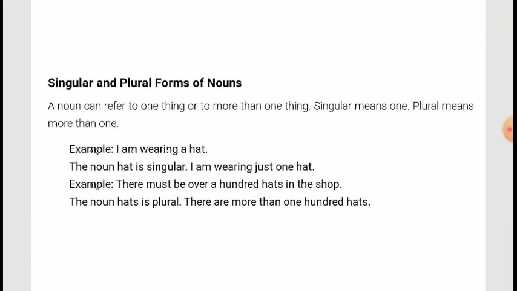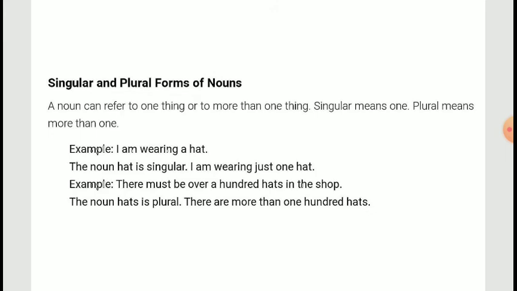Now, singular and plural forms of nouns. A noun can refer to one thing or to more than one thing. Singular means one, plural means more than one. Example: I'm wearing a hat. The noun hat is singular, as I'm wearing just one hat. Now if you want to change it into plural, remember: there must be over 100 hats in the shop.